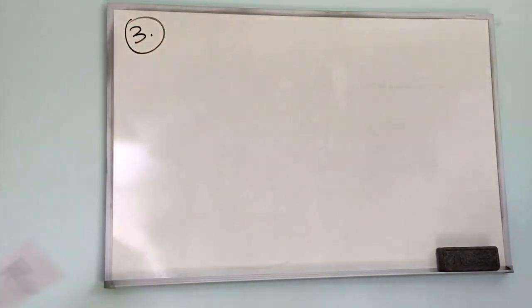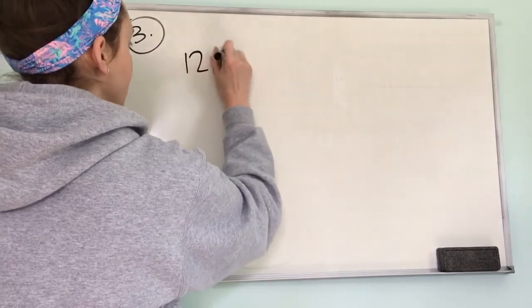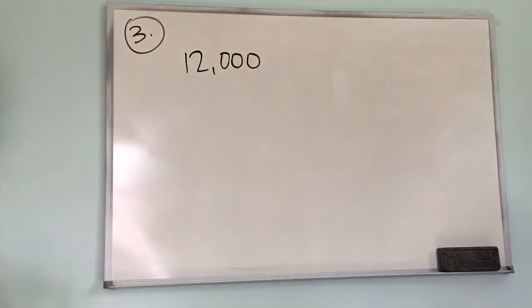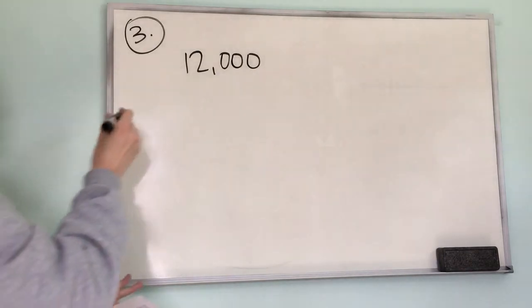Number 3 is very similar to which one? Number 1 or number 2? Number 1, right? Instead of the population increasing, though, the value of the car is decreasing. So if the car is worth $12,000 today, and it's decreasing by 10%, what will it be worth in 2 years?